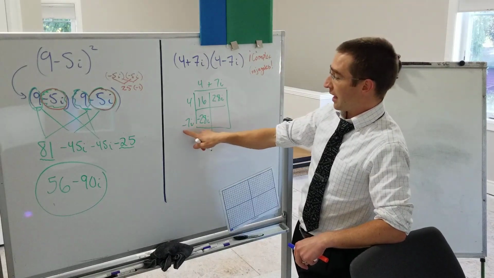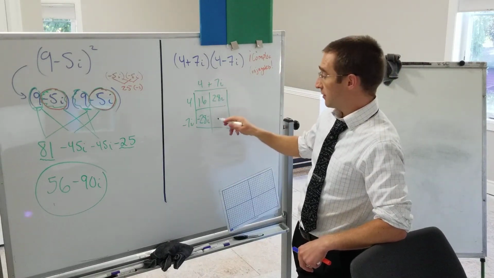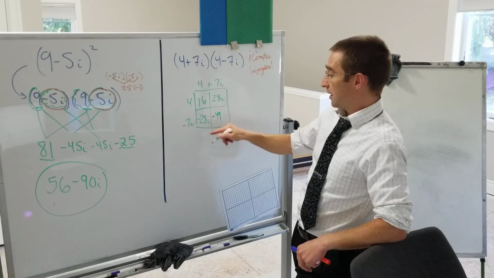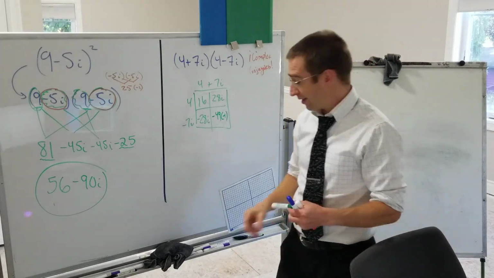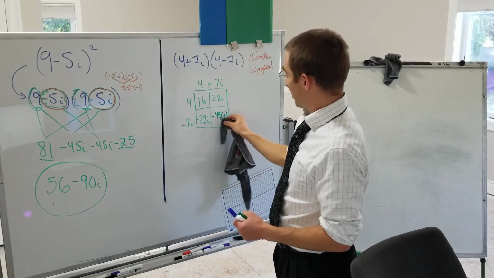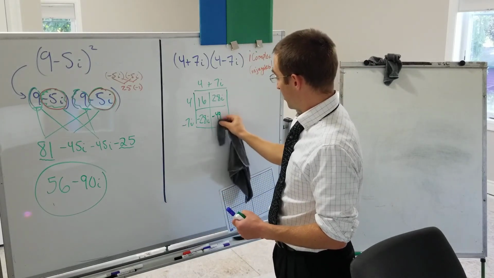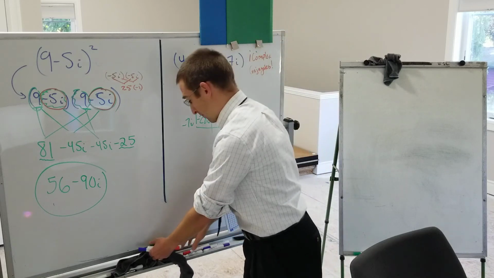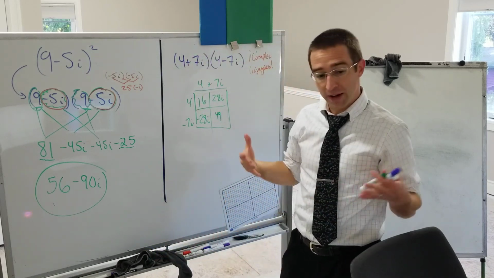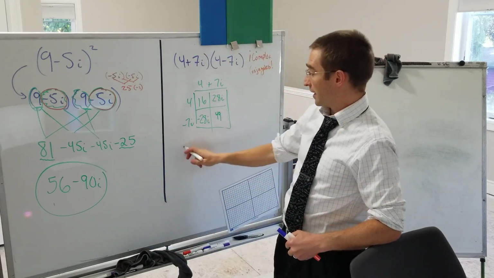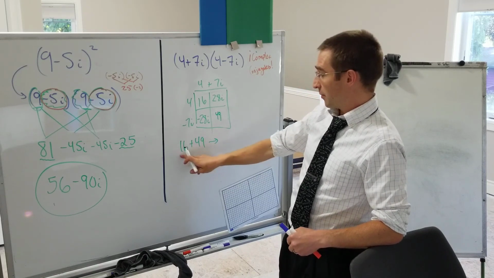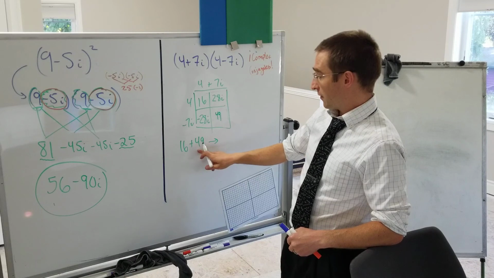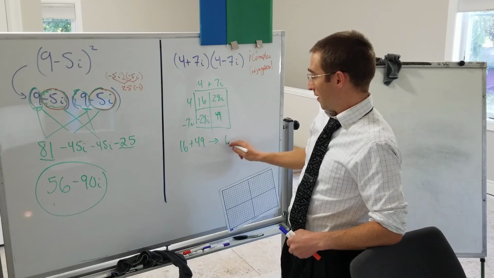And then here I have negative 7 times 7, negative 49, i times i is negative 1. So really it's a positive 49. And when I put it all together, I'm going to get 16 plus 49, which is going to be 65.